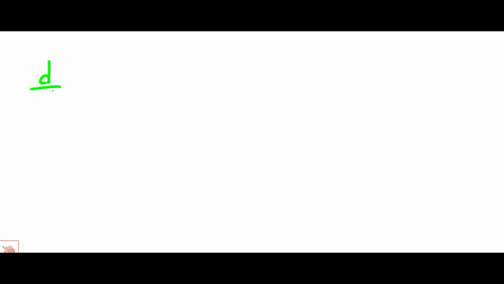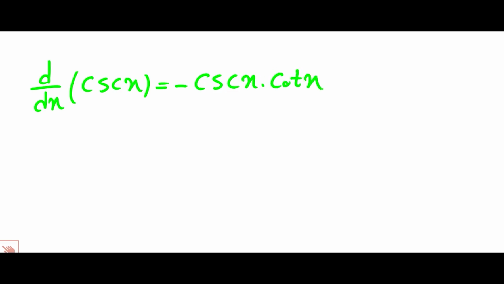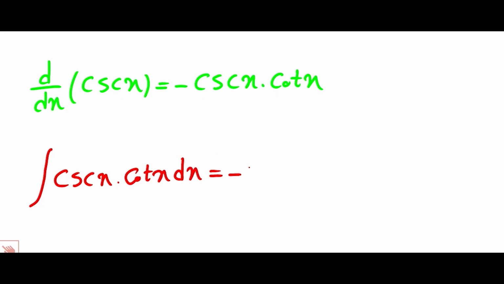Since the derivative of cosecant x equals negative cosecant x times cotangent x, so the integral of cosecant x times cotangent x dx equals negative cosecant x plus c.